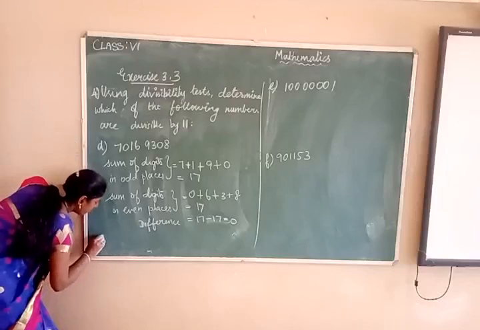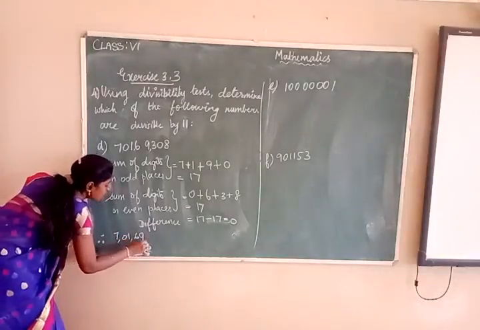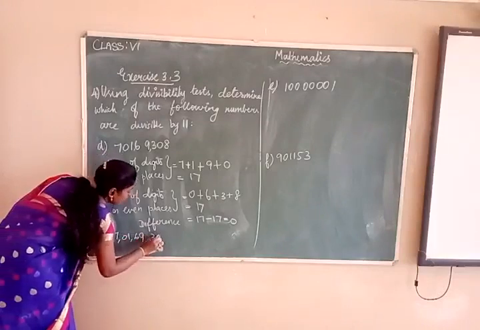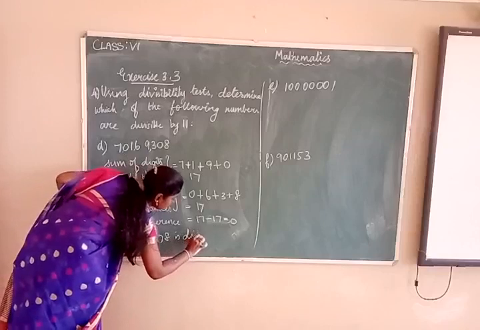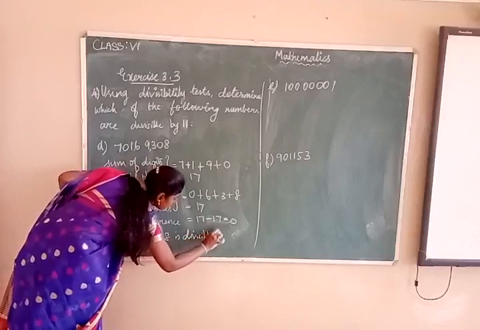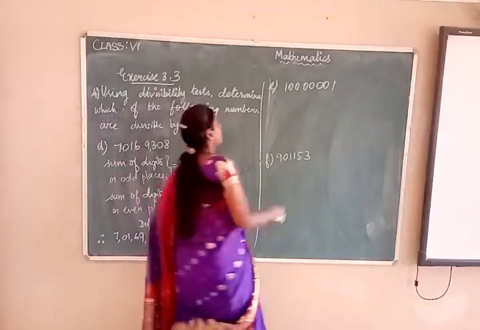Therefore 7,1,69,308 is divisible by 11. Here it's coming to this one.